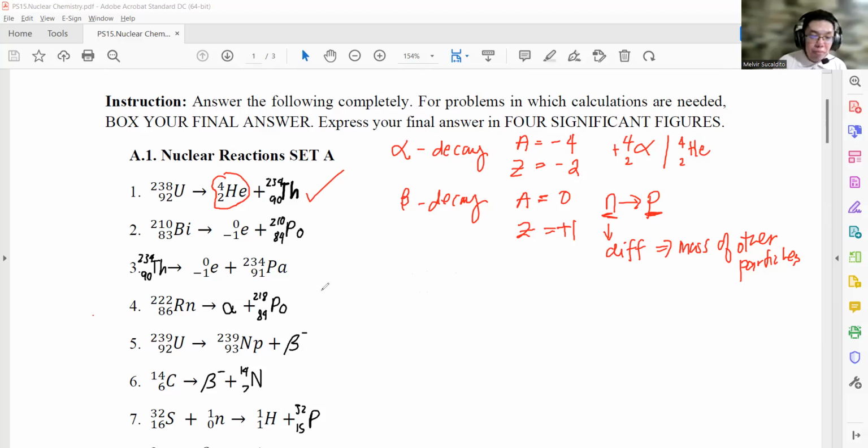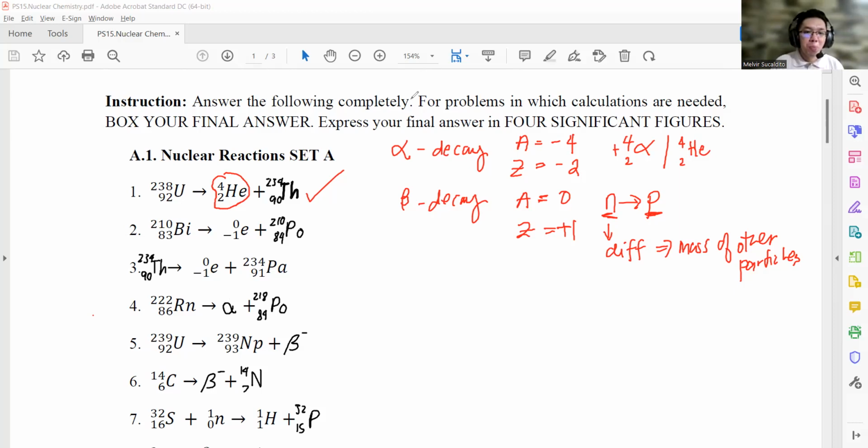I think pwede ring sa kada decay, if I'm not mistaken, you can also form energy. Parang hindi lang siya pinapakita sa mga equation, pero may energy na nabubuo per decay.